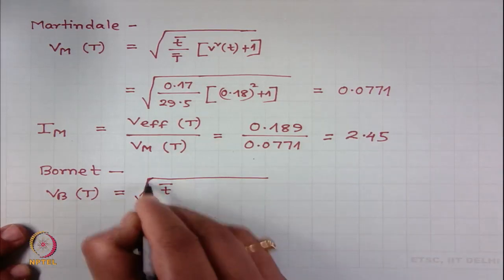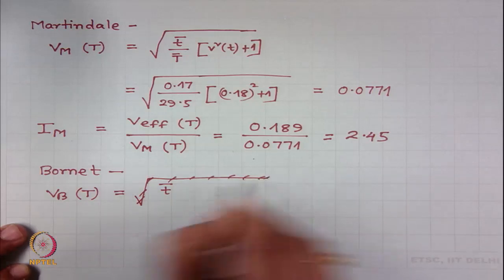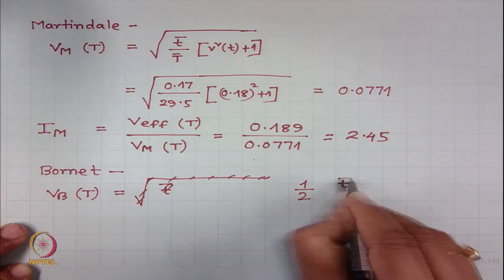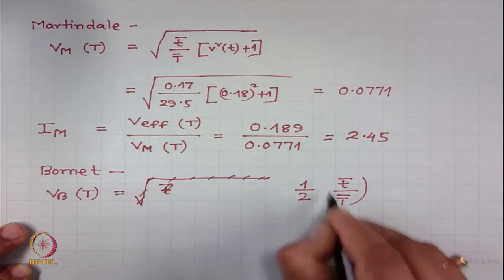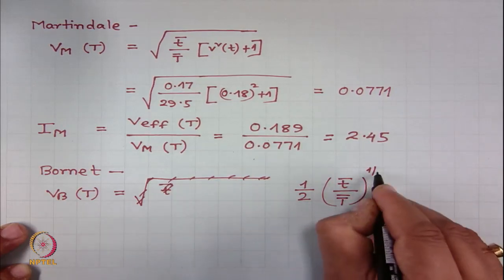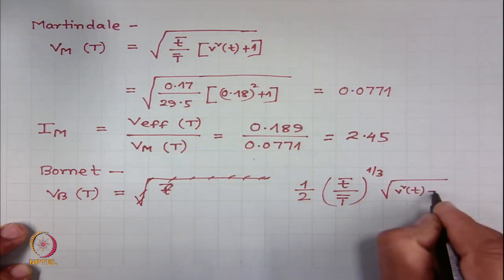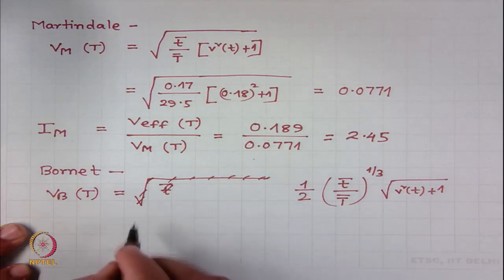This was not half T bar by this to the power 1 by 3 into B square T plus 1, that was Bornet's, right.